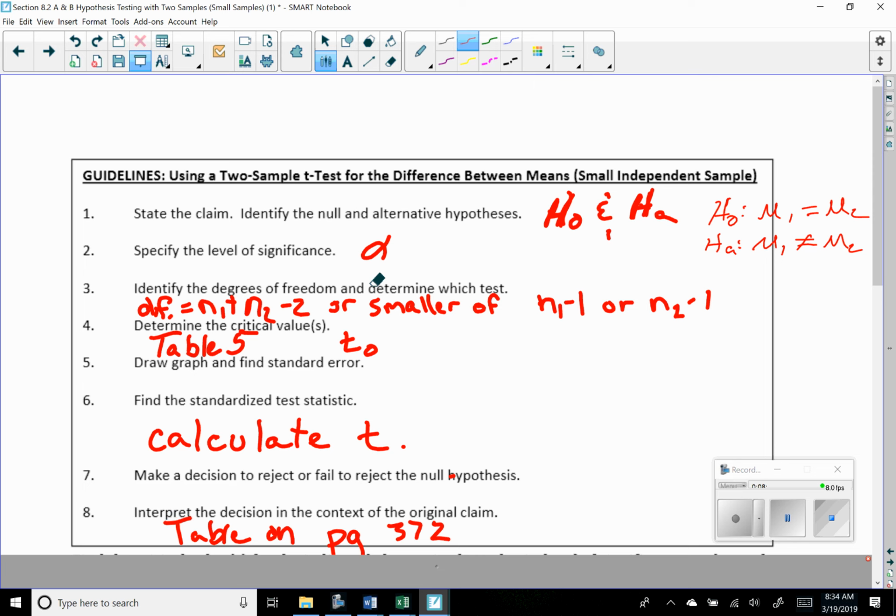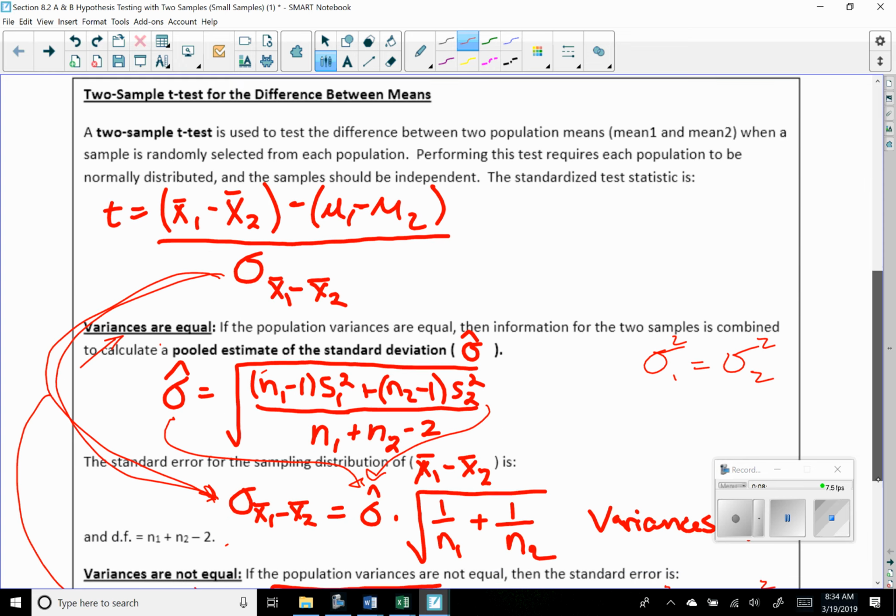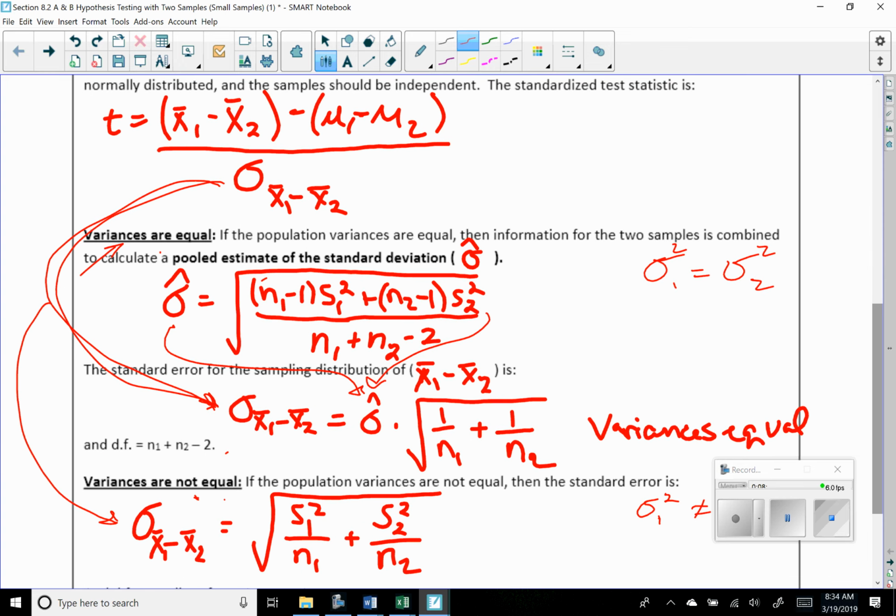Okay, so when they say determine which test, that comes down to whether those variances are equal or not, and coming up with the standardized test statistic and having to figure out which standard error to calculate. Okay.